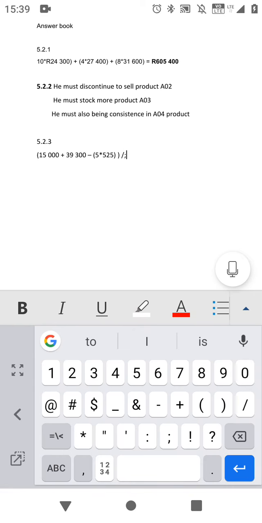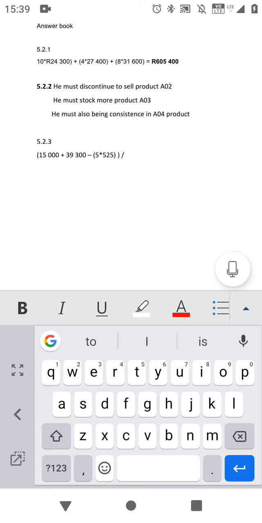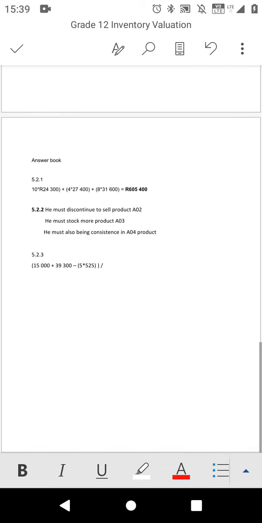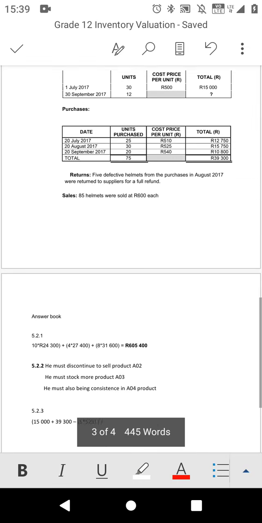After that we divide by the number of units.